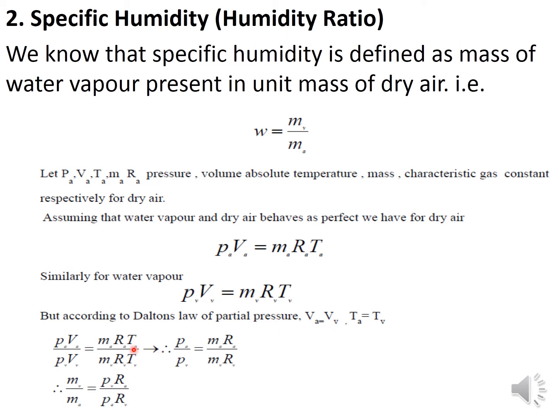I will mathematically modify the equation, taking MV by MA on this side and the other terms on the other side: MV by MA equals PV into RA divided by PA into RV. So this expression is clear, I think.